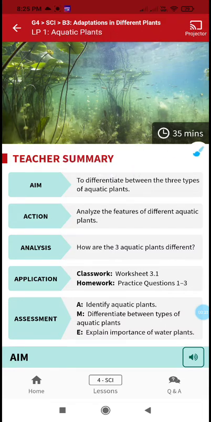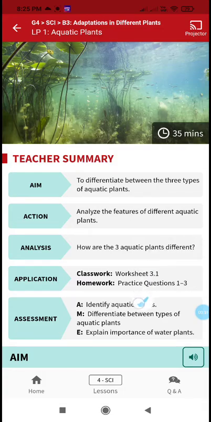The plants which grow in water are known as aquatic plants. So block 3 deals with aquatic plants, and you are going to learn what adaptations these aquatic plants show.